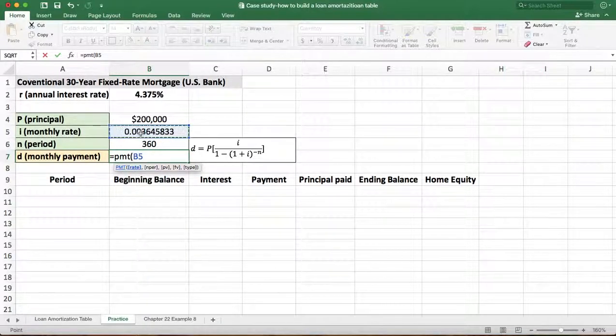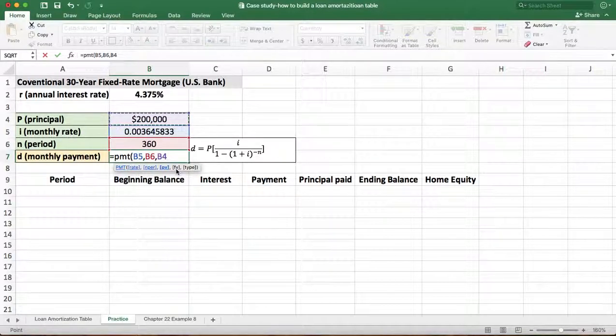Click this guy, comma, period. Click this guy, comma, present value, PV, is the loan. And future, FV, future value, because we want to pay off the loan at the end of 30 years.